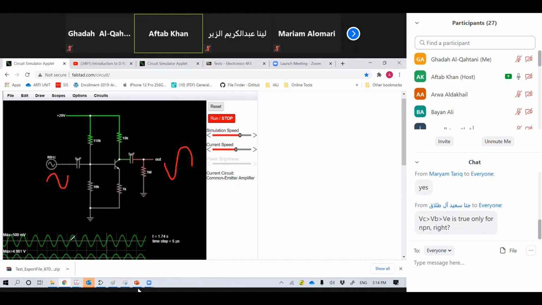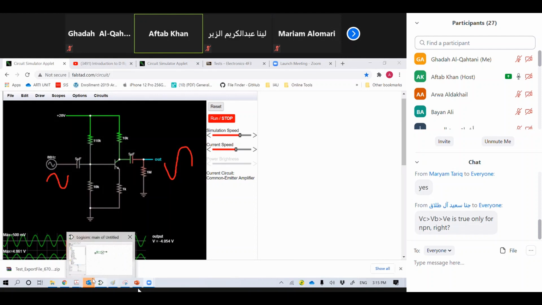If the input voltage is high, what are we getting here? Low. Here is high, we are getting low. So a 180 degree phase shift is there. So amplification is there, but with a 180 degree phase shift.